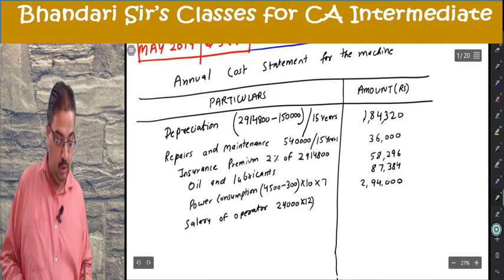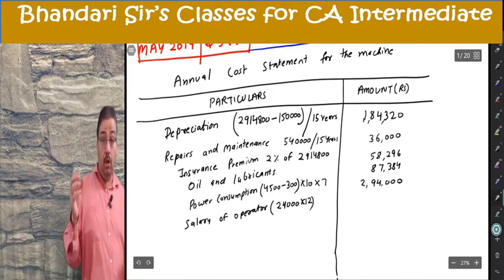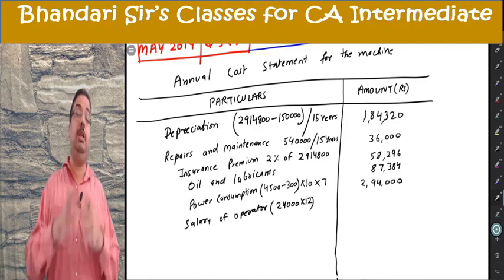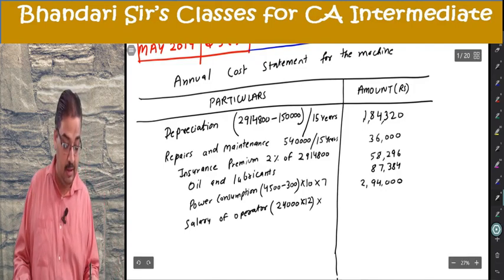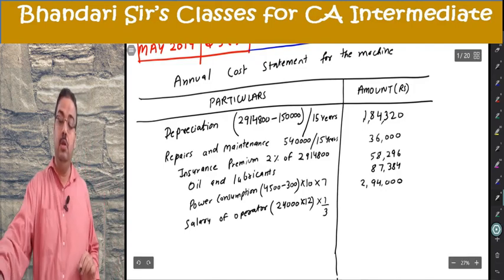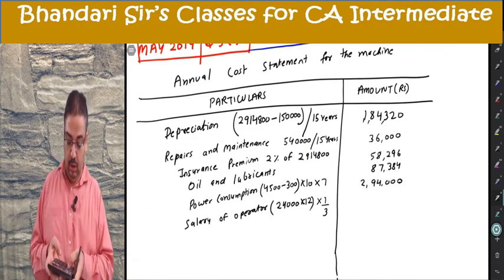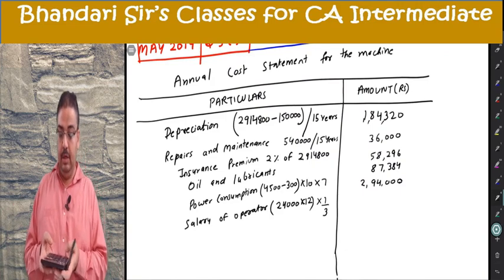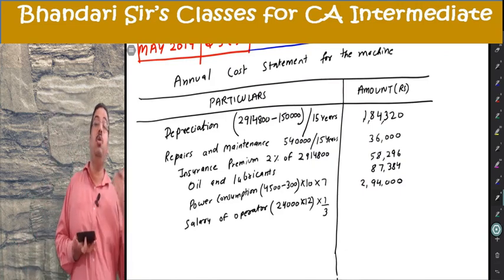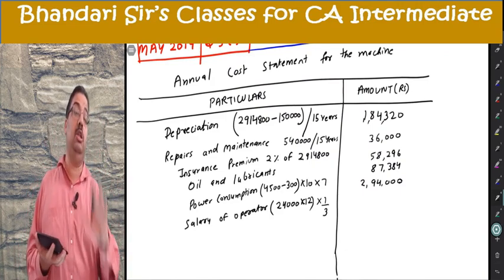Annual will be 24,000 into 12, but not all of that will be charged in this cost statement because only 1/3 time he is devoting on the machine. So annual payment that I am making to him, 24,000 into 12, it is 2,88,000, but all 2,88,000 does not relate to this machine.